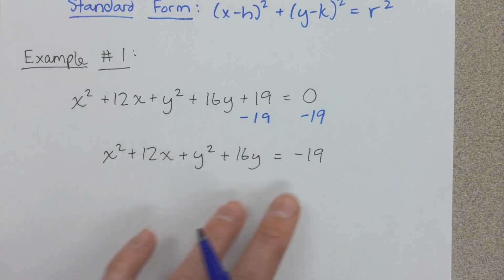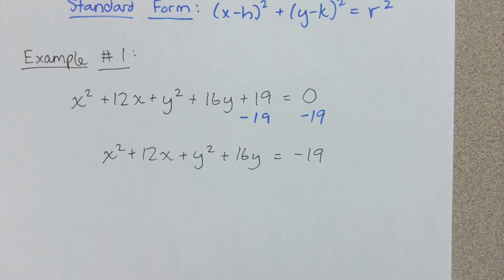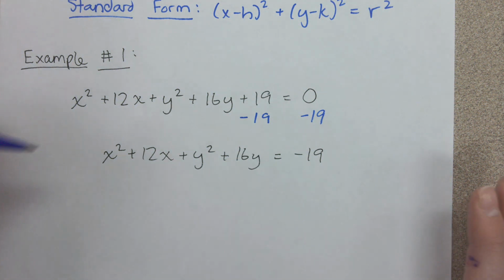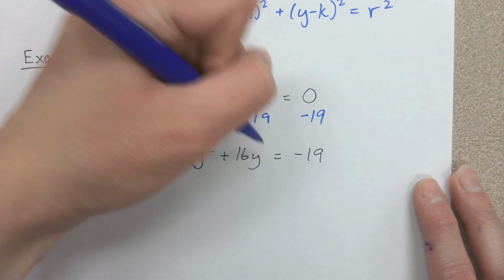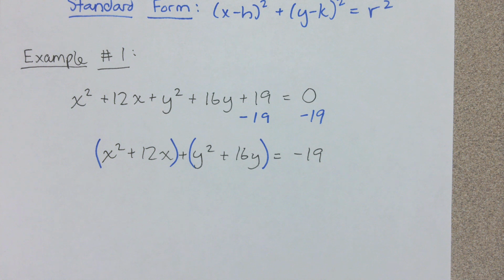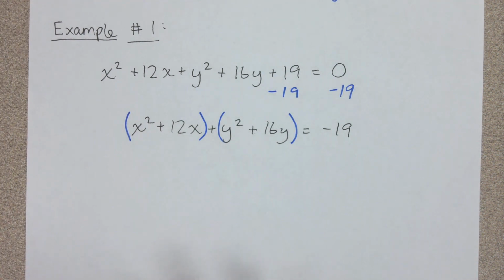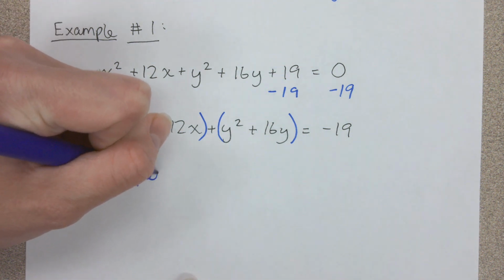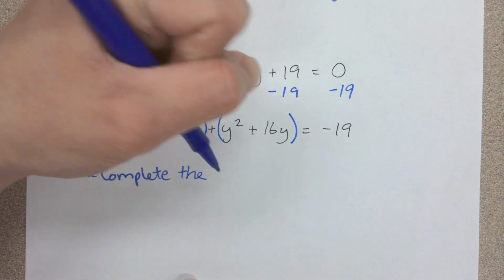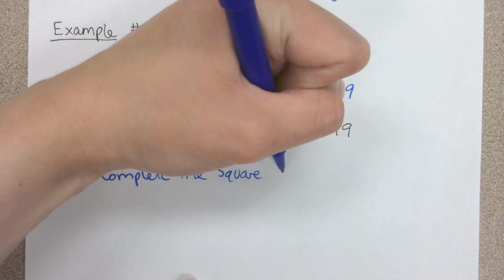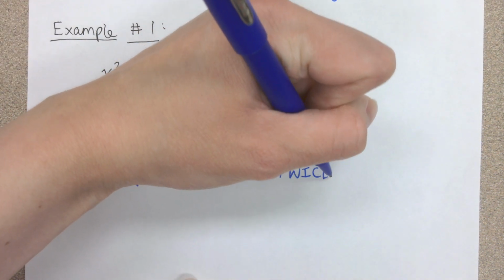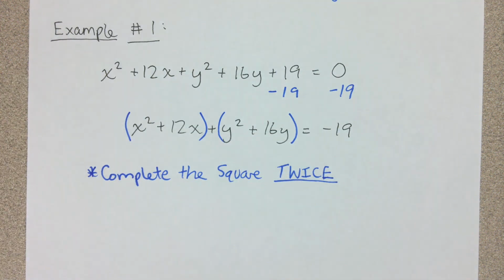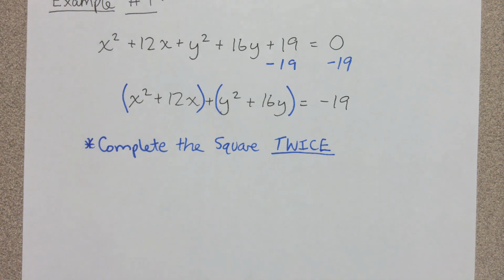Now since we have 2 different variables, we're going to complete the square twice. One's for x and one's for y. So it helps if you visually separate both of these. So in this next step, we need to complete the square twice. You're welcome to do that one at a time if you'd like, but it is very easy to do it all at once.